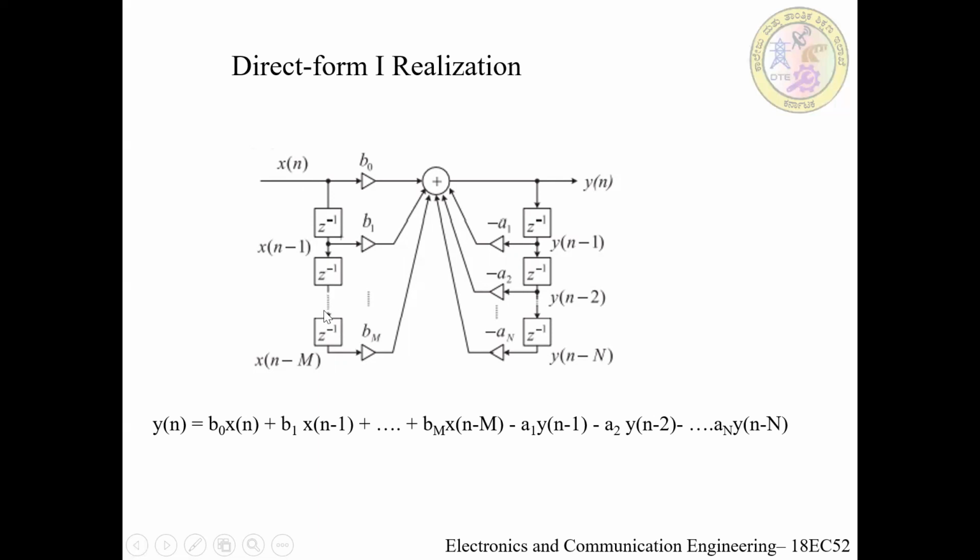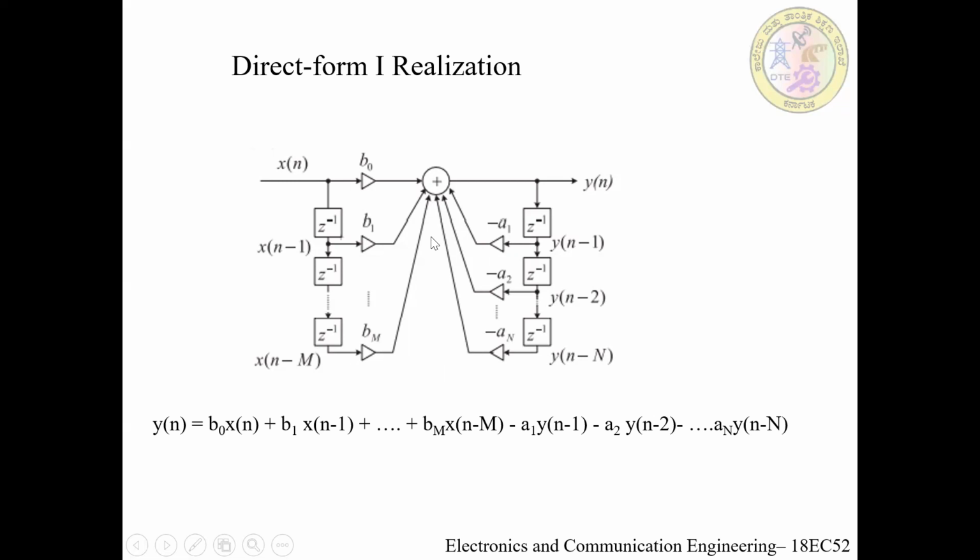Here x of n minus 2. So there are m delays we will be using here. At this point, we obtain x of n delayed by m, so this is x of n minus m. So b0 into x of n plus b1 into x of n minus 1 plus b2 into x of n minus 2 up to plus bm into x of n minus m. So this is from the input part.